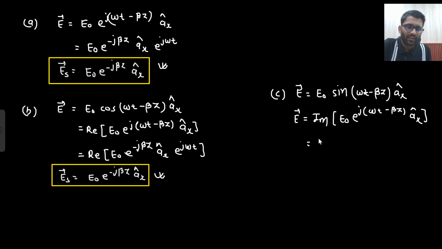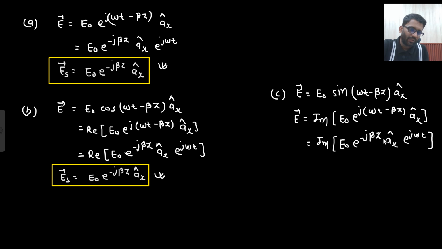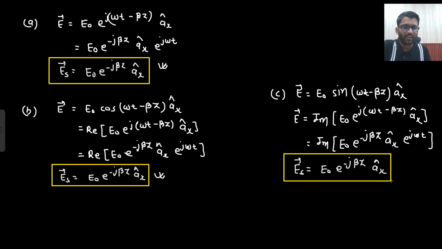So what I am getting here: imaginary part of E naught e to the power minus j beta z ax cap e to the power j omega t. So imaginary, and e to the power j omega t you will drop. What are you going to get? E naught e to the power minus j beta z ax cap. What did you see here? The phasors of all these waveforms are the same.